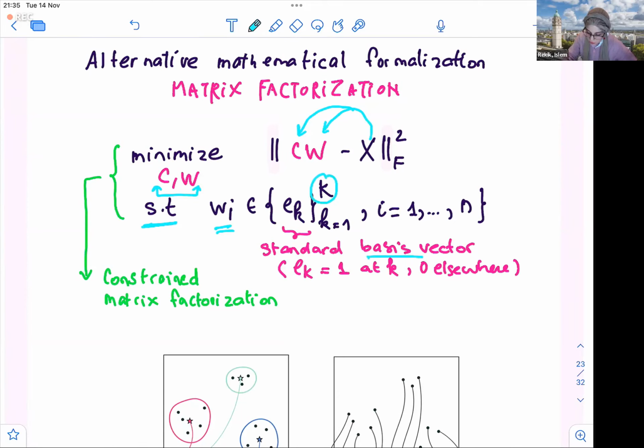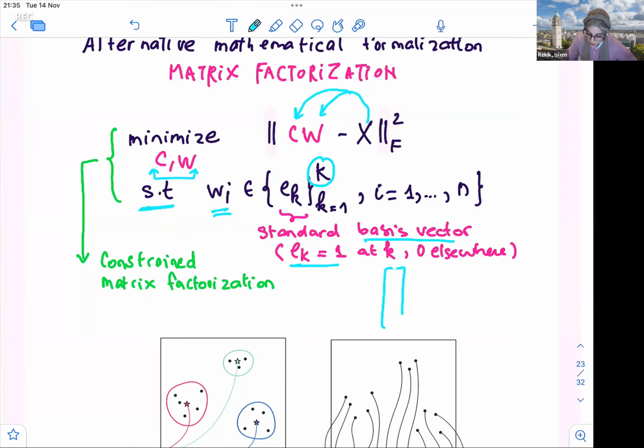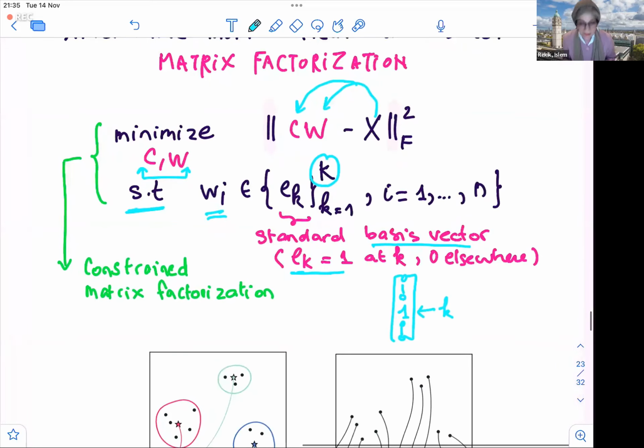Basically, it's a basis vector where the k-th entry is equal to 1 and the rest is equal to 0. So if you take position small k here, this is 1, the rest is equal to 0. So let's see why this formalization works. You guys can think about it and think about dimensionality.